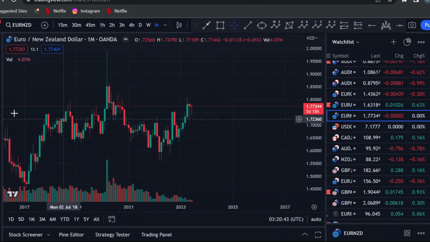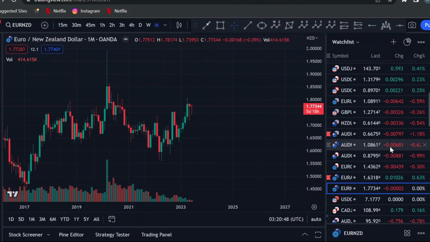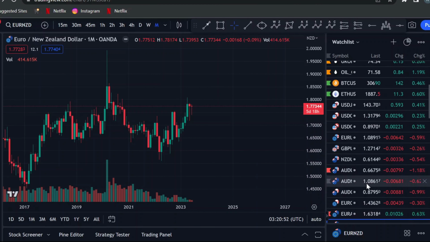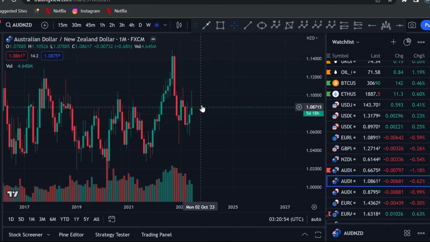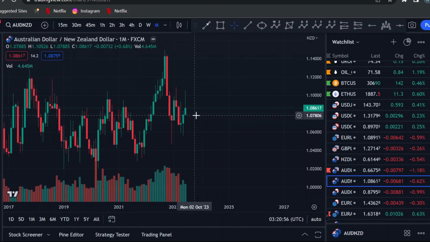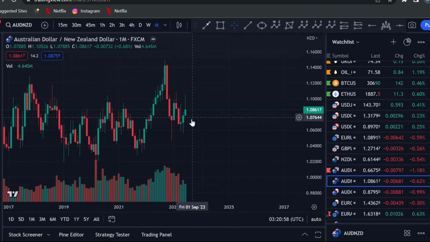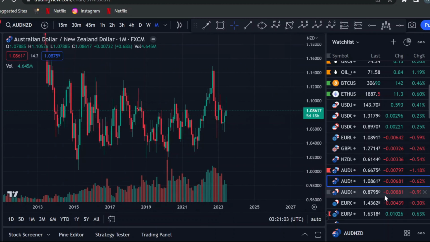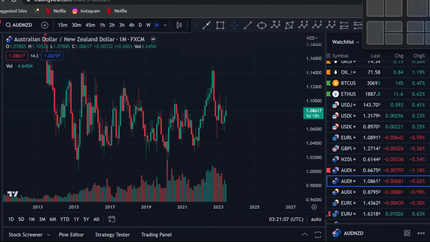The New Zealand dollar has been in a long-term consolidation. So the market is short on the New Zealand dollar. So let's go to the AUD, the Australian dollar.